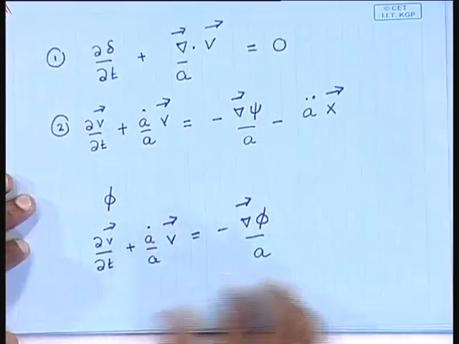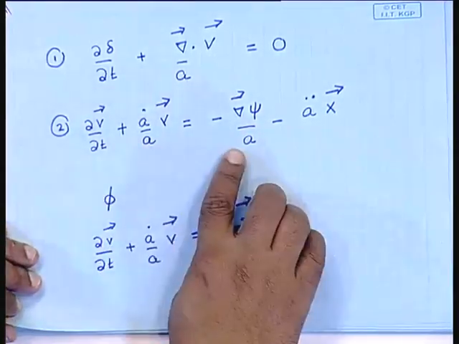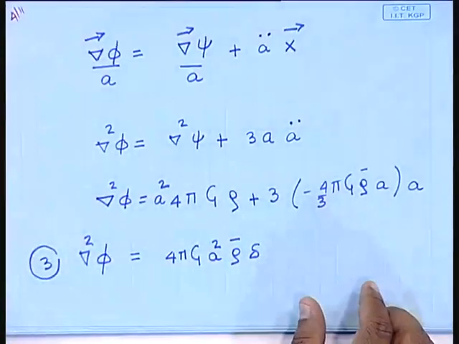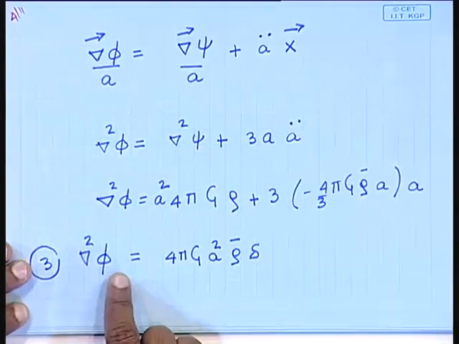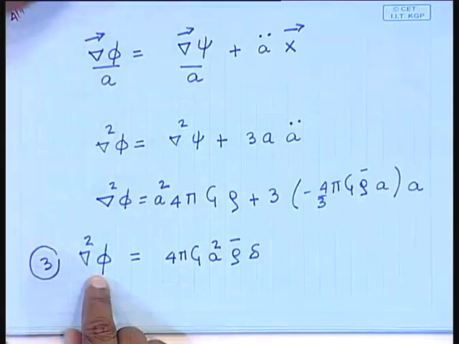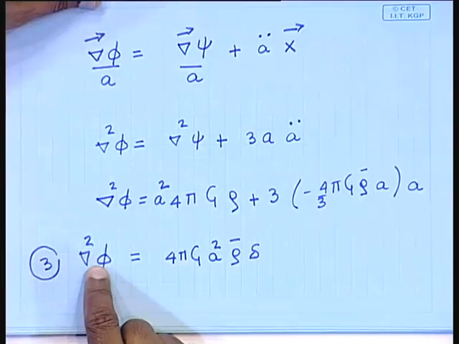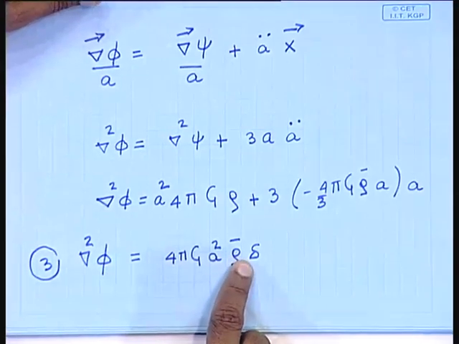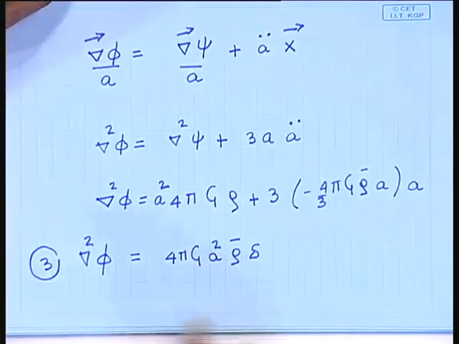By going to an accelerated, expanding coordinate system, the potential due to this uniform background matter distribution actually cancels out, and the evolution of the peculiar velocities is governed by the gravitational potential phi, which is produced only by the density perturbations. The mean density does not contribute to this.